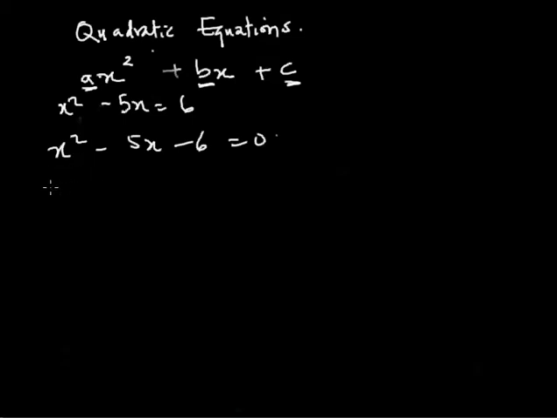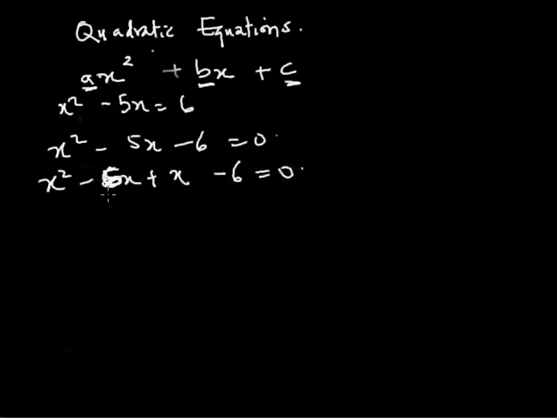In solving for x, we need to factorize this particular equation. To factorize it, we'll have x squared minus 6x plus x minus 6 is equal to 0.